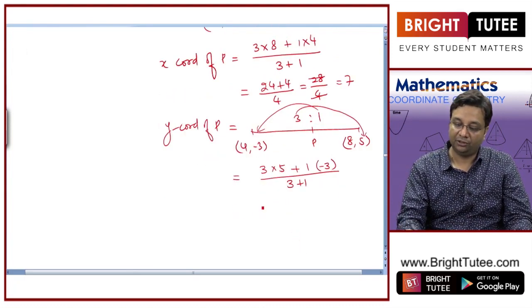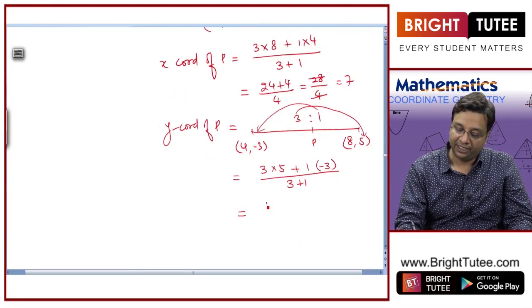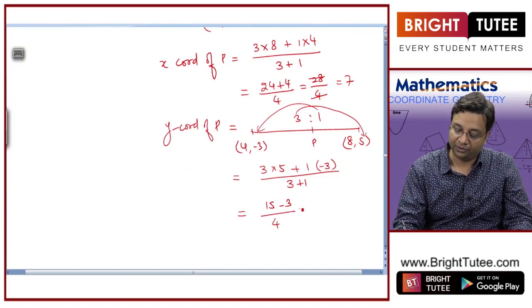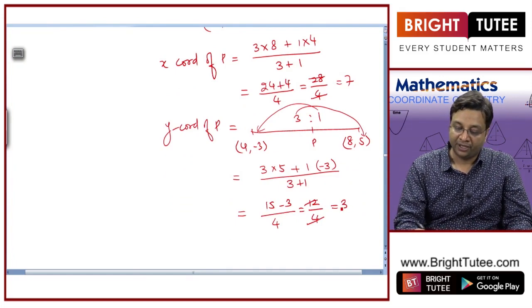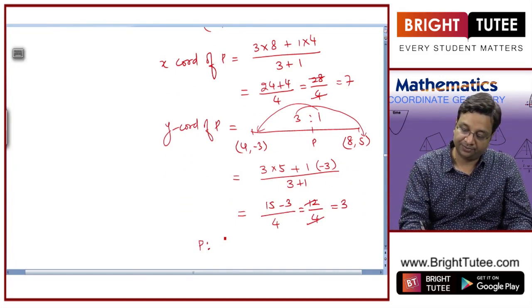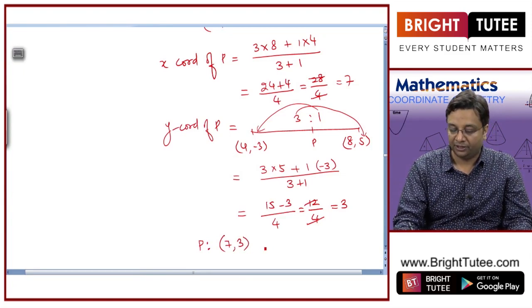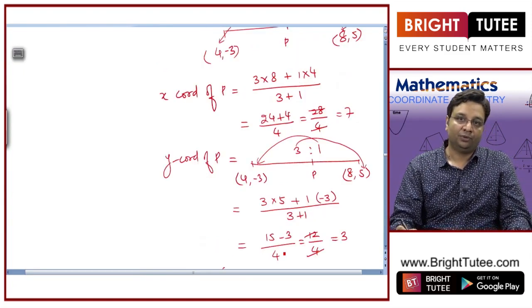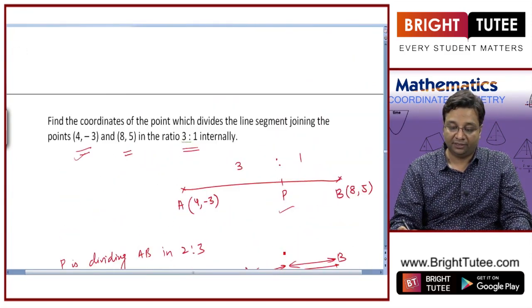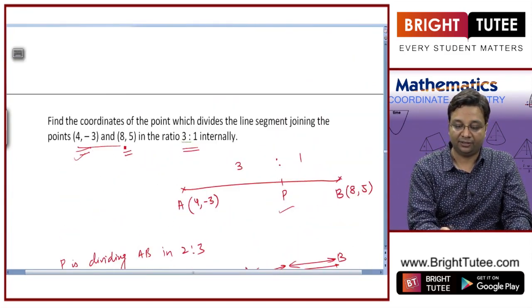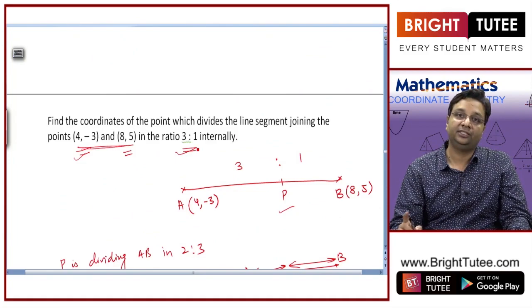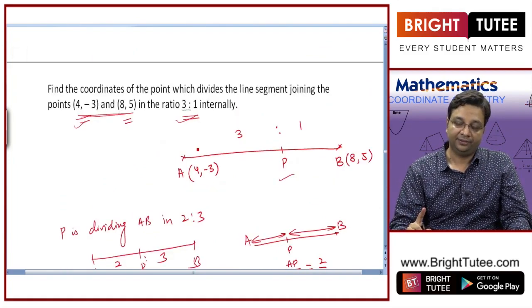This is how you will find the y coordinate. 15 minus 3 divided by 4, that is 12 by 4, which will give you 3. So point P is (7, 3). This is your answer. Point (7, 3) divides the line segment joining these 2 points in the ratio 3:1.